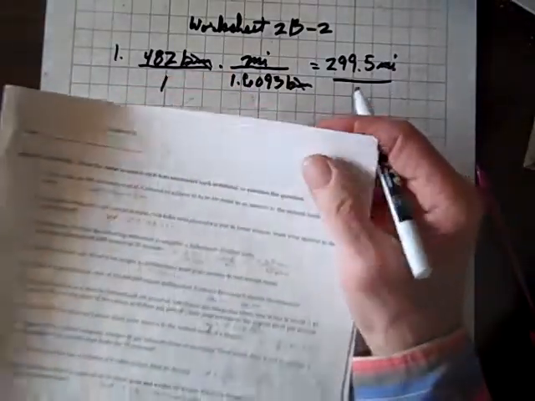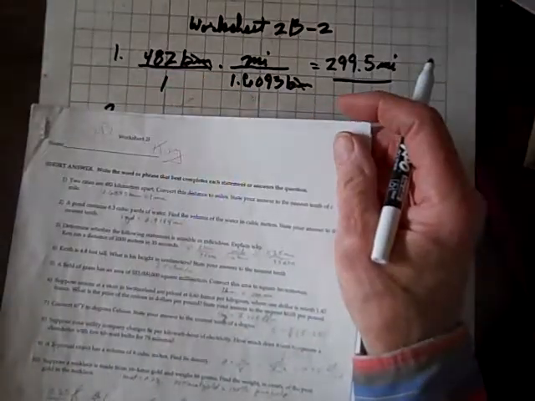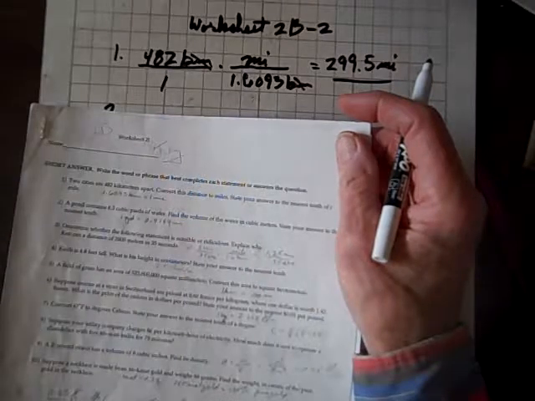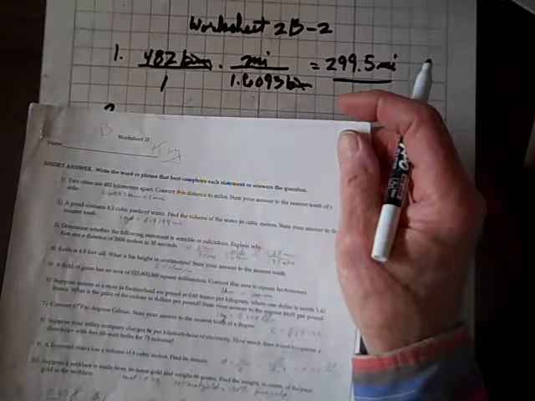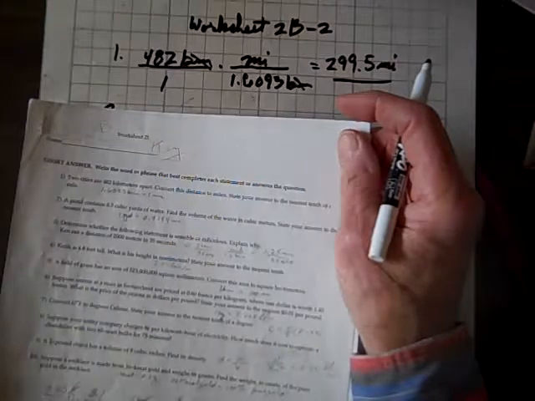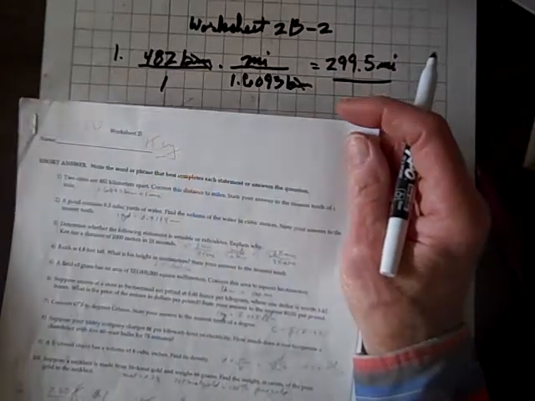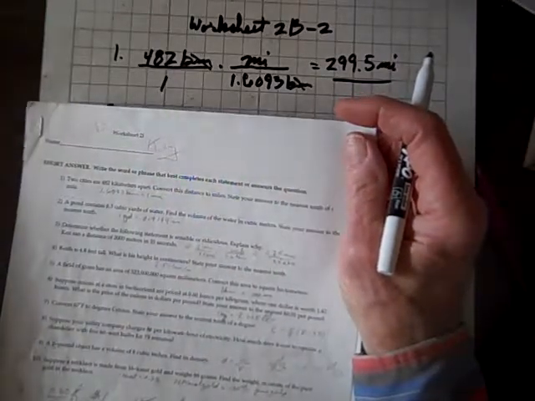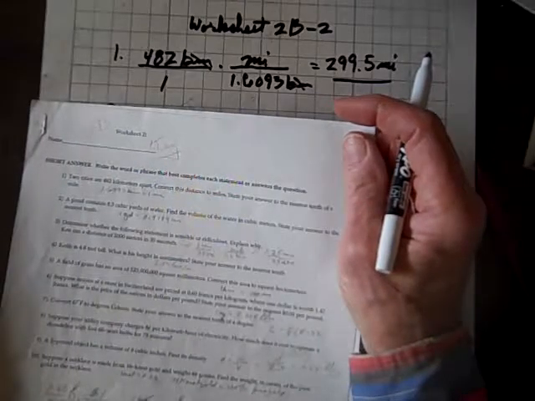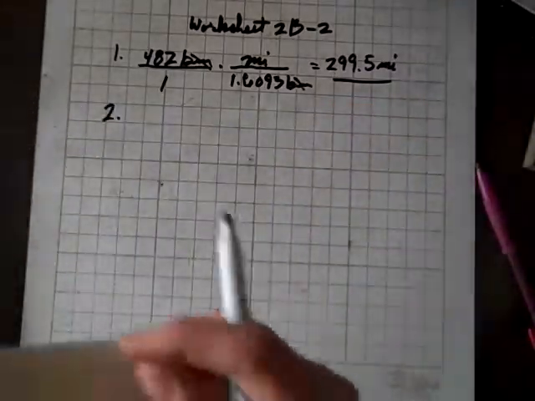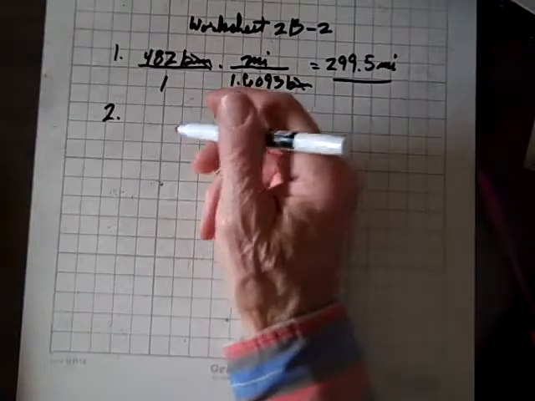And 2 says a pond contains 8.3 cubic yards of water. Find the volume of the water in cubic meters, and state your answer to the nearest tenth. Okay, cubic meters.